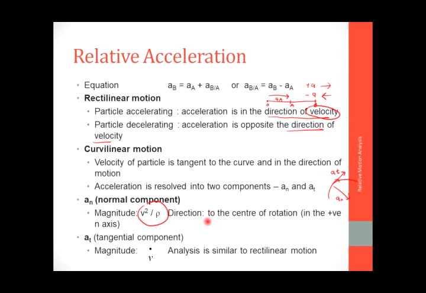The direction is toward the center of rotation, in the positive n axis. So like this, AN is toward the center. For the AT, the magnitude is the derivative of the velocity, and the analysis is similar to the rectilinear. So AT equals dV/dt.